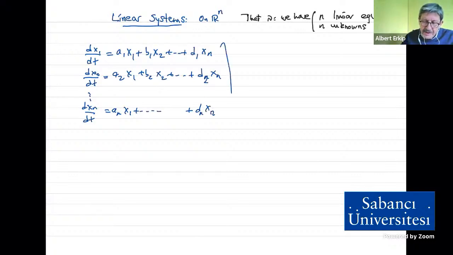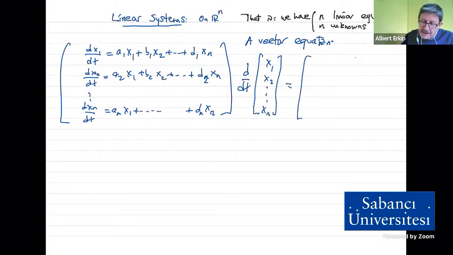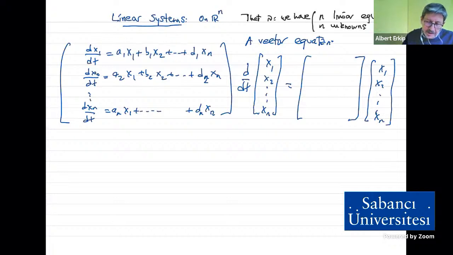Now you can write this as a vector equation like this: d by dt of the vector x1, x2, xn is just this right-hand side, but the right-hand side you can write as a matrix times x1, x2, xn. So this would be the matrix A1, B1, D1, A2, B2, D2, and so on.